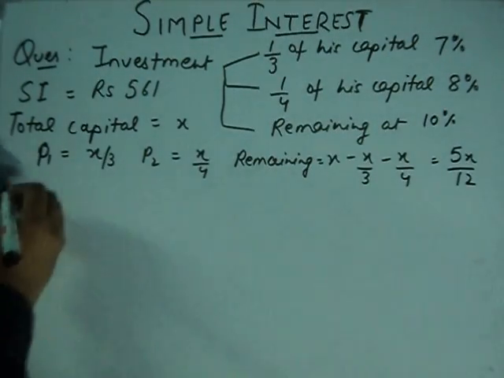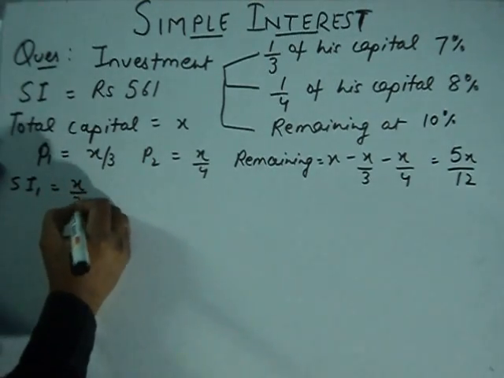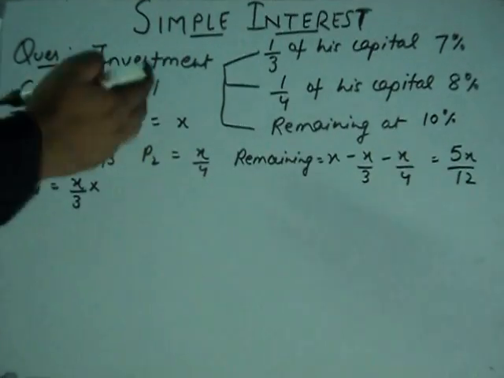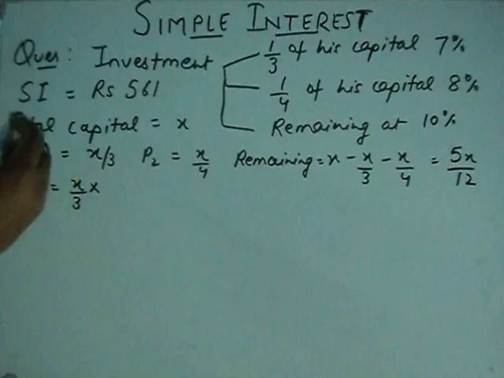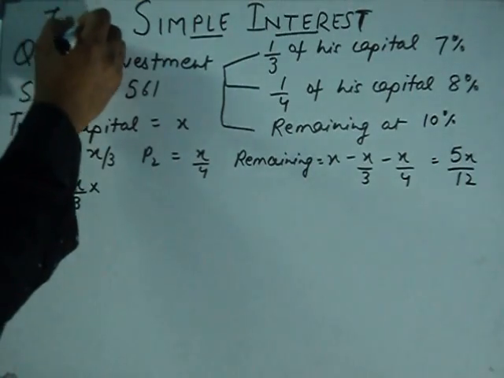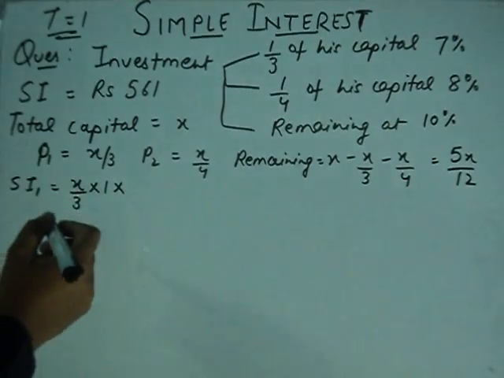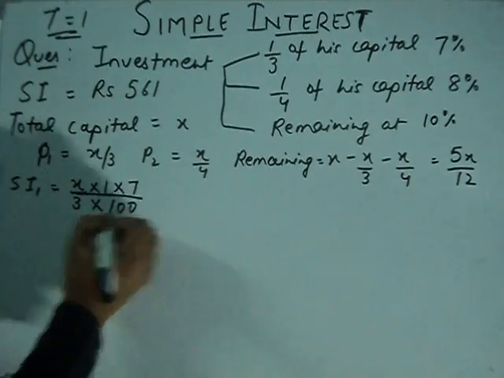Now we have to calculate SI1 as x by 3, and this is for 1 year. In this case he invested his money for 1 year, so our time is equal to 1. So we write it here like this. Our rate of interest is 7, so we write it as this value.